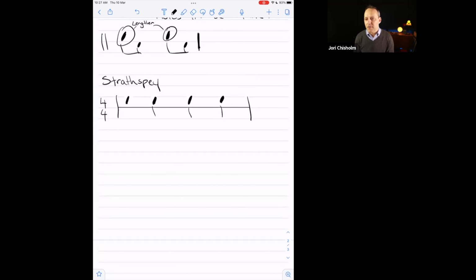Now, what's different between a Strathspey and a 4/4 march, like Scotland the Brave, or one of these other 4/4 marches that we know, one of the things is that Strathspeys are going to be way faster, right? So again, when you're playing solo piping, you have a lot of leeway, but we're talking 100 anyway.